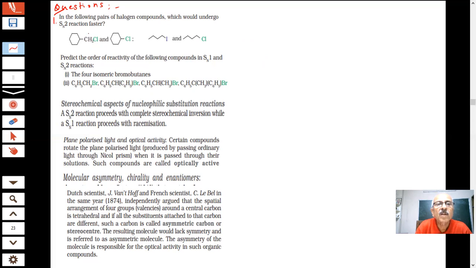SN2 he is asking. Which is faster in SN2? This compound or this compound?